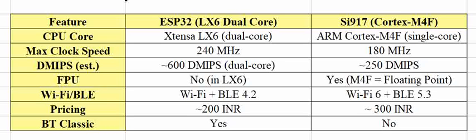And if you see the biggest difference between them, if you want a Bluetooth classic implementation, this is not supported by the Si917. So maybe this is one of the biggest advantages with ESP32.